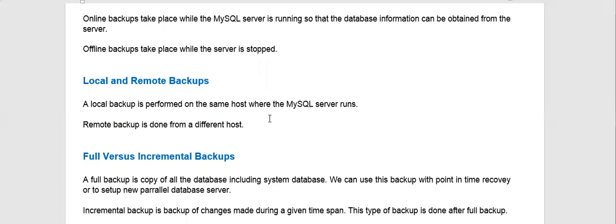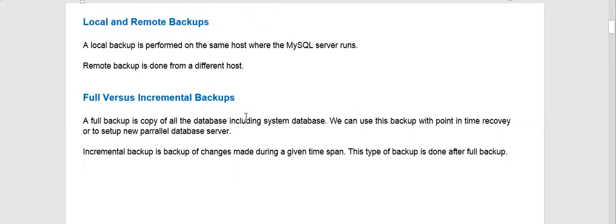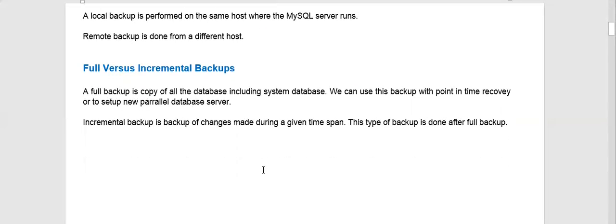That can be called a remote backup. In the case of a remote backup, the backup file will be saved on your remote server, and in a local backup, the backup file will be saved on the same server, the same host.